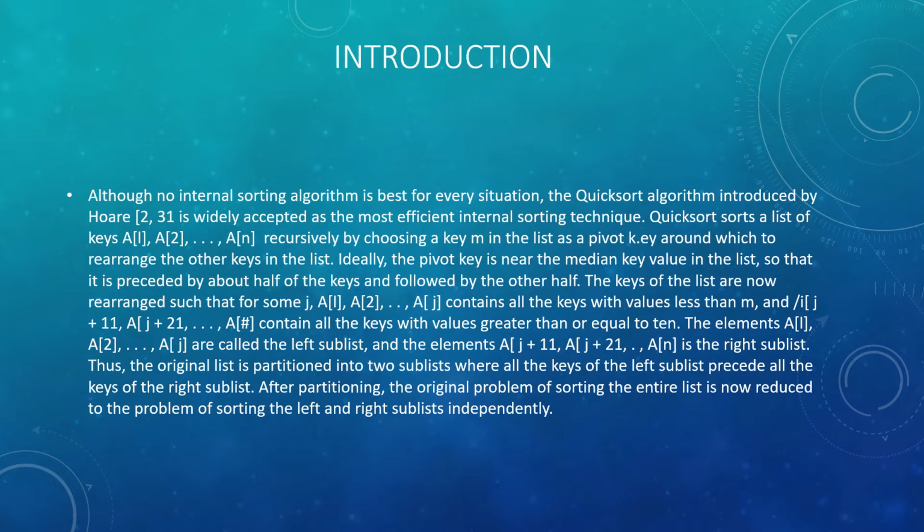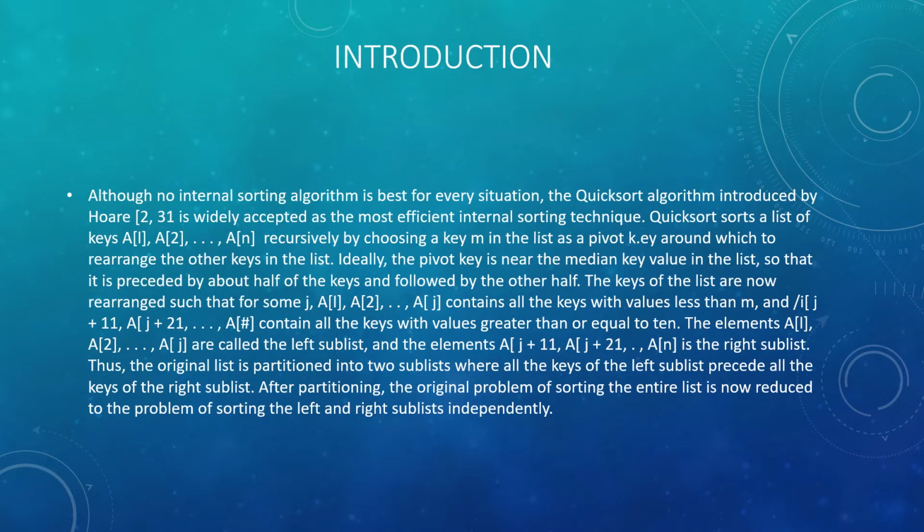The keys of the list are now rearranged such that for some j, A1, A2 until Aj contain all the keys with values less than M, and A(j+1) until AN contain all the keys with values greater than or equal to M. The elements A1, A2 until Aj are called the left sublist, and the elements A(j+1) until AN are called the right sublist.